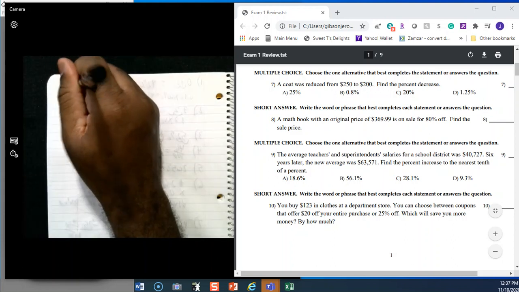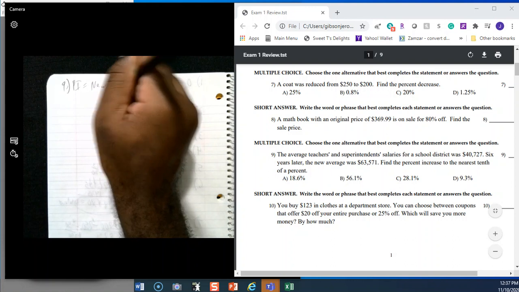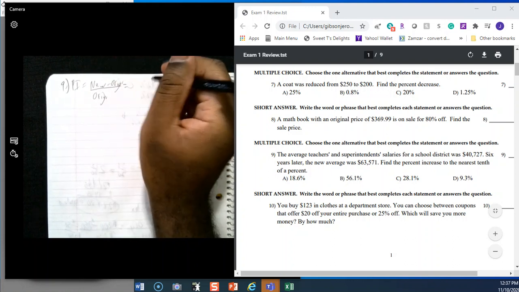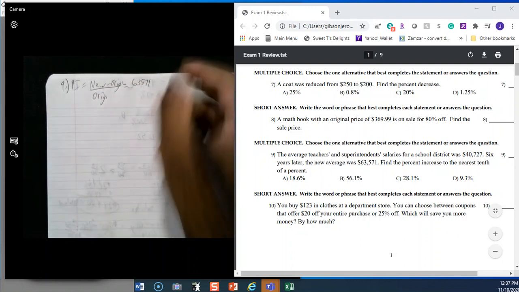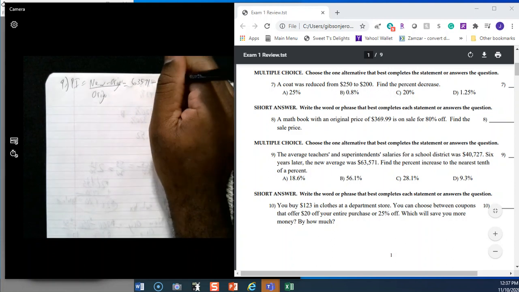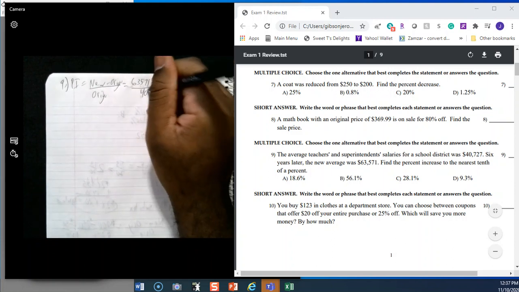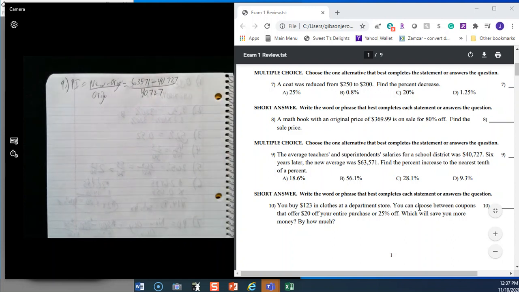So remember, percent increase is new minus the original divided by the original. Now the new value was the 63,571 minus the original value was 40,727, and we'll divide by that. Now we'll take our calculator.